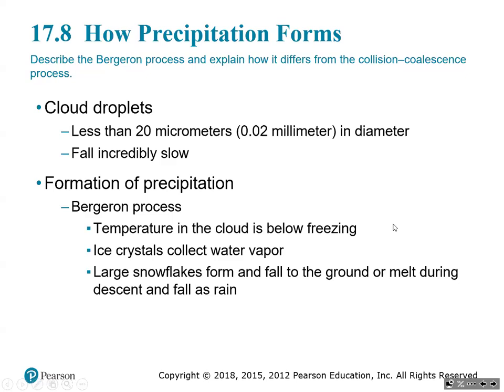And so the ice crystals will collect water vapor and grow bigger, while the water droplets will all shrink. And eventually the ice crystals will get big enough to fall as large snowflakes, and they can fall to the ground as snowflakes if it's cold all the way down, or they can melt on the way down and fall as rain.